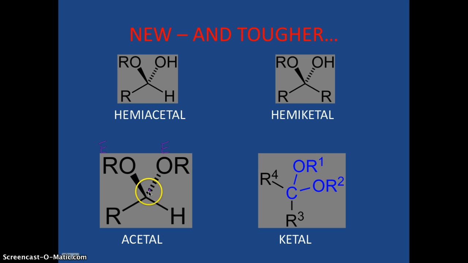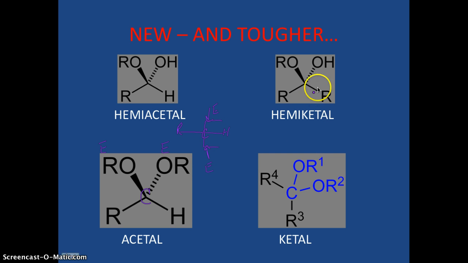So what we have here, if you imagine this is your central carbon, remember the pitchfork I drew? Here's our pitchfork. Now, this is an acetal, so right here we'd have a hydrogen. Here is our carbon. Here is the rest of our chain, and then up here, this is an ether, and then right here, this is an ether, and the corners are where the oxygens are.